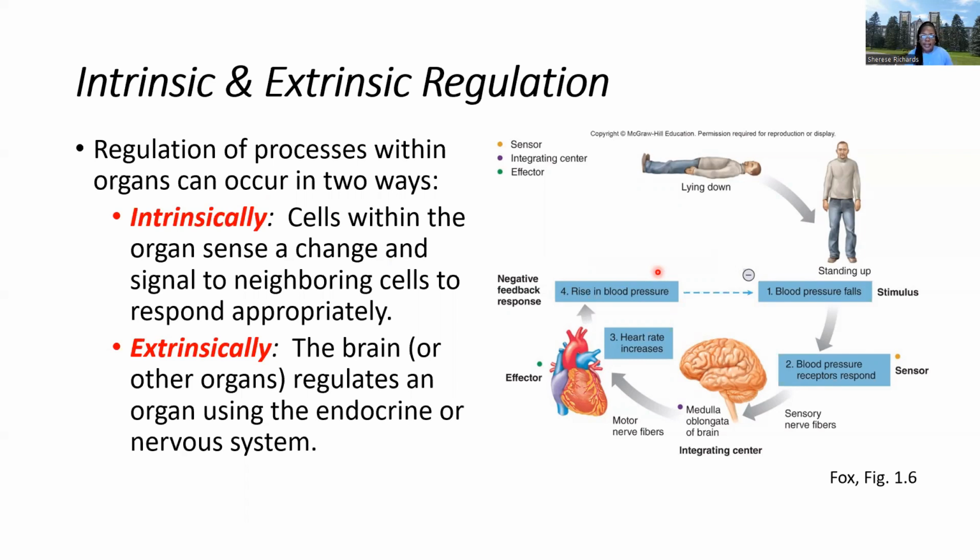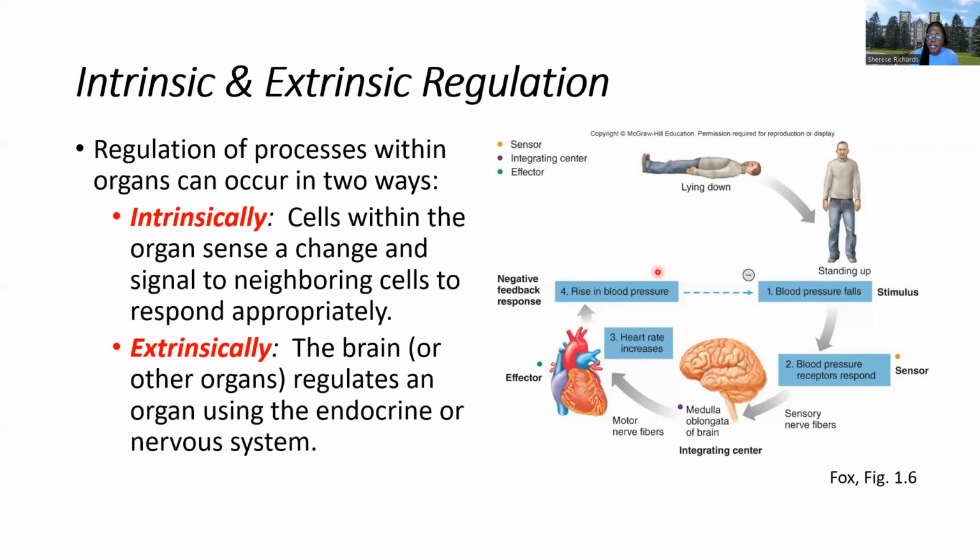So the heart has this innate capacity to increase its force of contractility, right? How hard it's contracting, simply based upon how much volume is being filled, how much blood is returning to the heart. That would be an example of an intrinsic regulation. So if more blood volume comes back into the atria, right, the receiving chambers of the heart will contract harder.